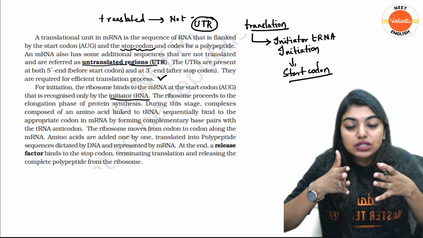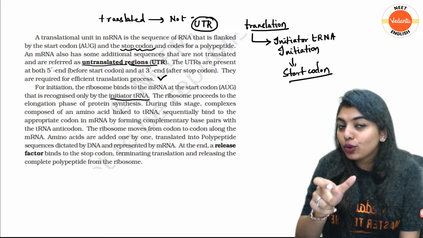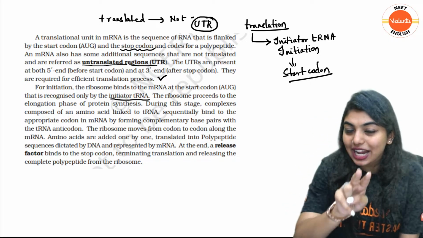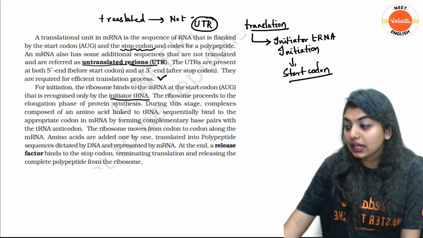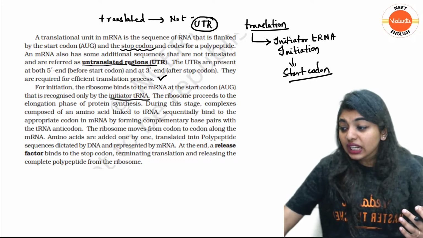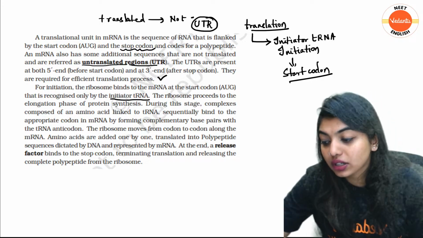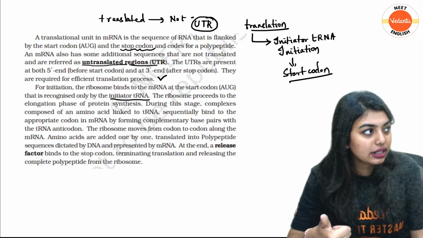Now the ribosome proceeds to the elongation phase of protein synthesis. Here, if you notice, there is an initiation, an elongation, and a termination, but it is not mentioned so clearly, so we are not writing about it. But understand, initiation will be done by the initiator tRNA.